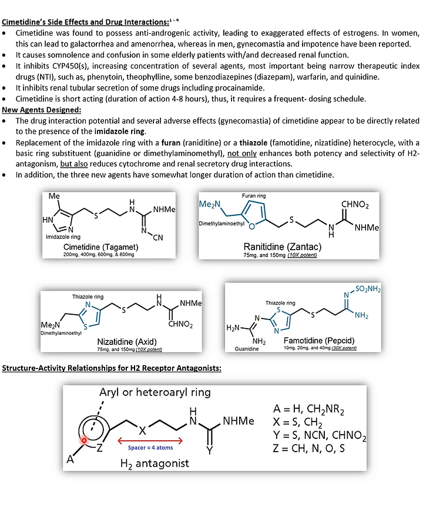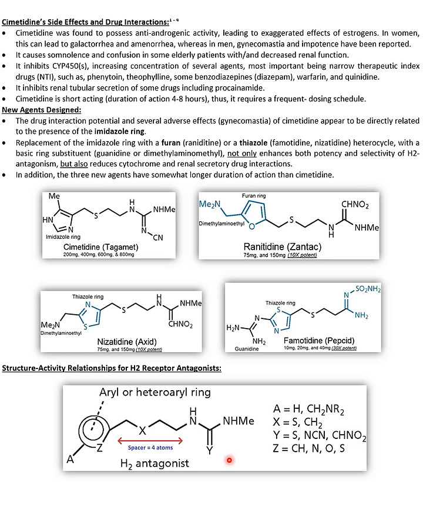And then the ring should be attached to a group such as A, which is optional because A could be hydrogen, or it could be CH2, nitrogen, and 2 alkyl groups. And then the Y here could be a sulfur, nitrogen with a cyanide, or a CHNO2.